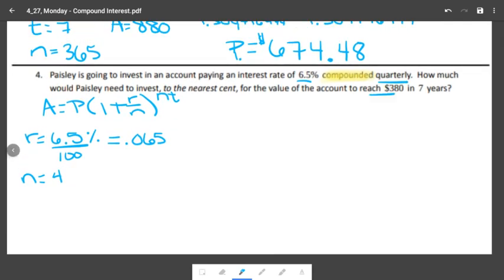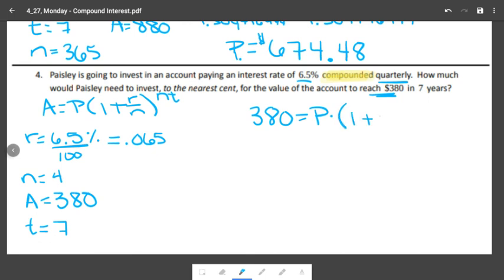We want the account to reach $380. So that is our final amount. And the time T is 7. So just like question 3, we're going to be solving for P. We're going to do it the exact same way.